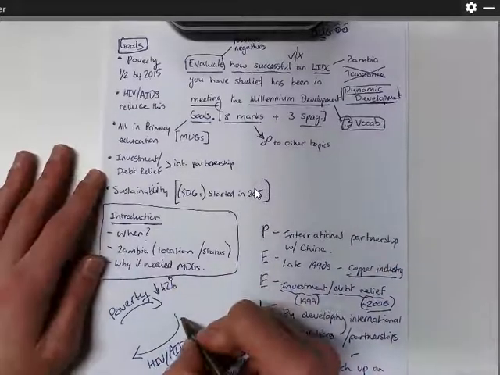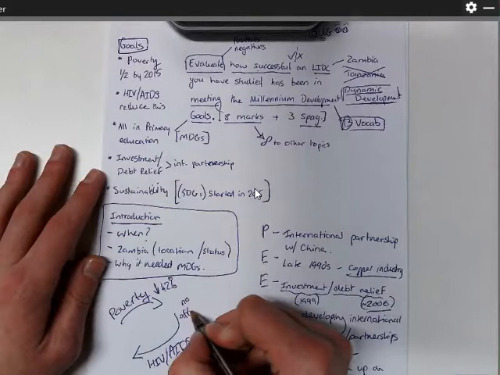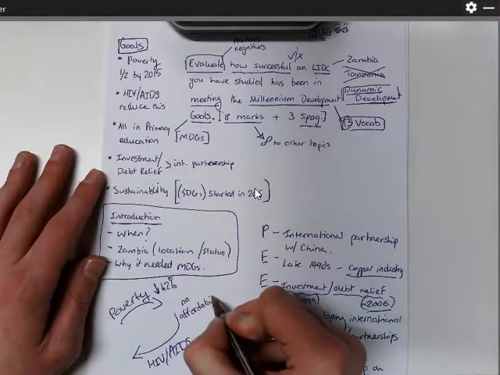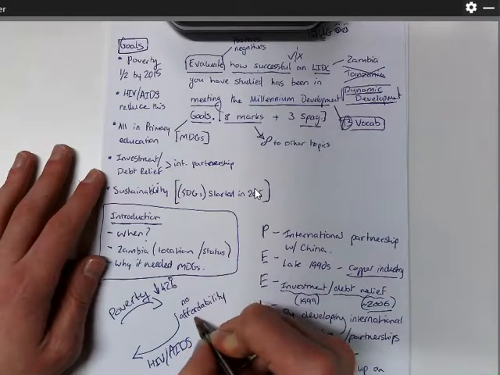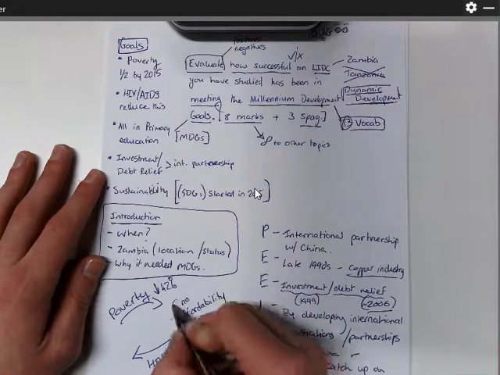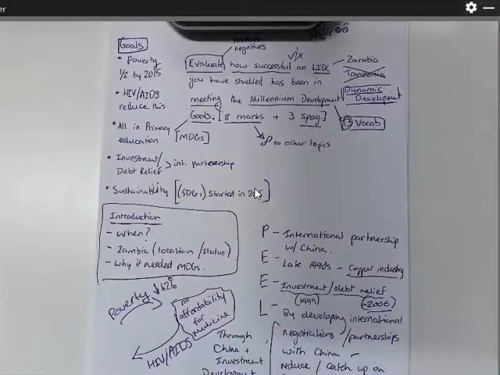And as a result, they're not going to have affordability for things like technology and medicine, which would help them to treat problems such as AIDS, HIV, or even when it comes to things like the coronavirus.